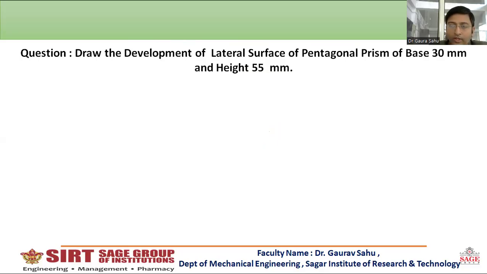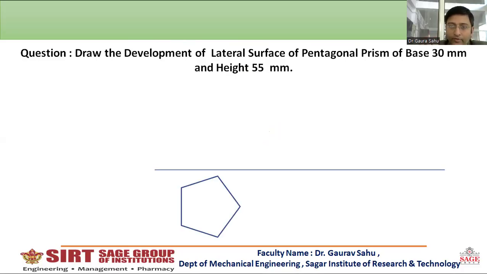Those who know how to draw the pentagonal prism will easily catch that when you put a pentagonal prism on the quadrant, you view from the top a pentagonal structure. That pentagonal structure is its top as well as its bottom, because both will be colliding on each other.